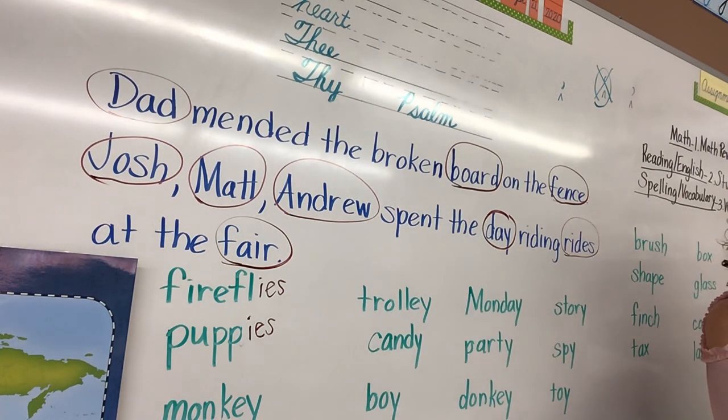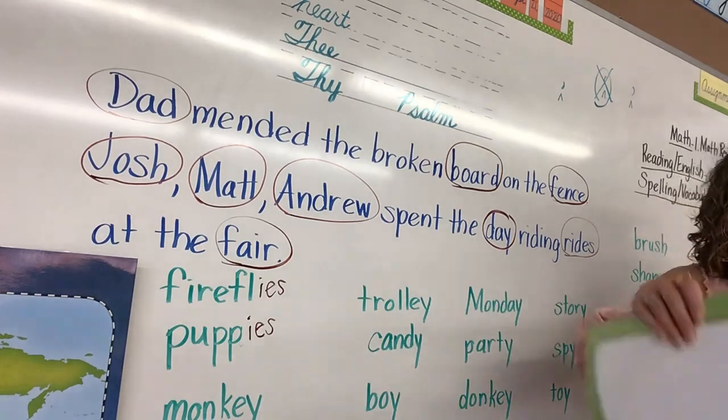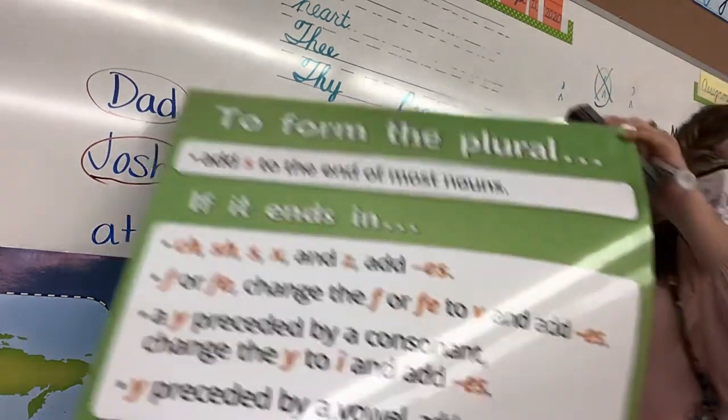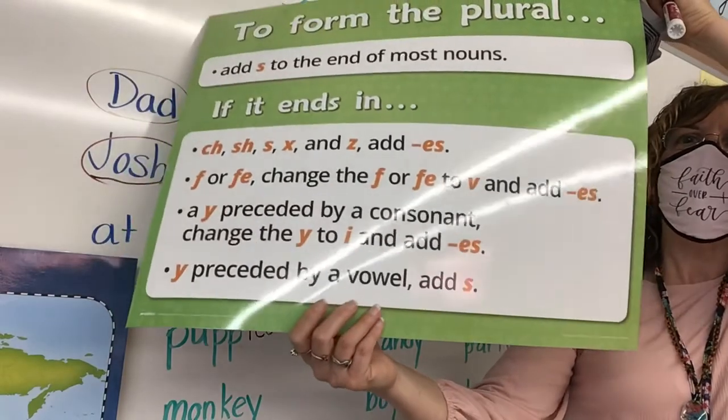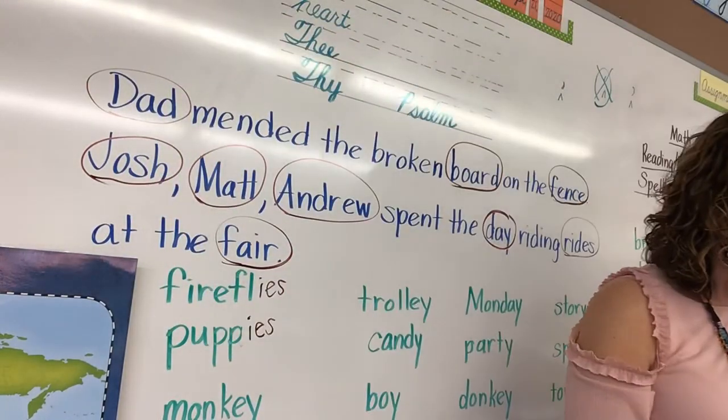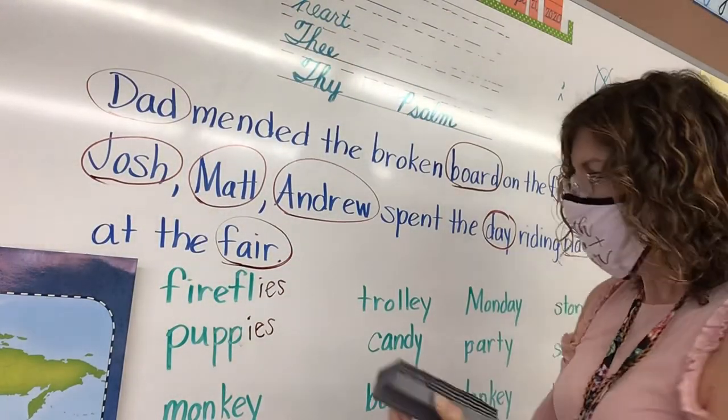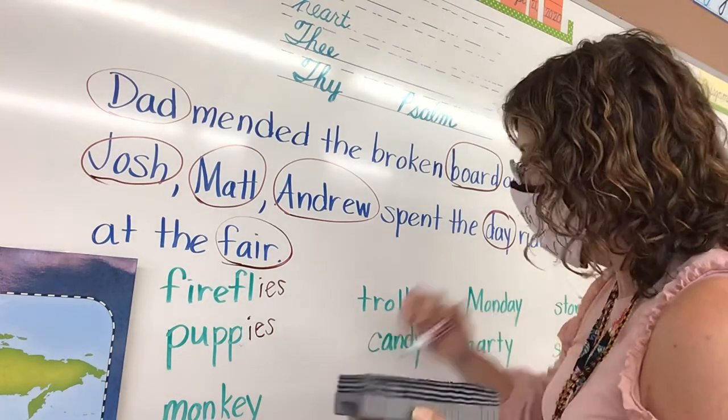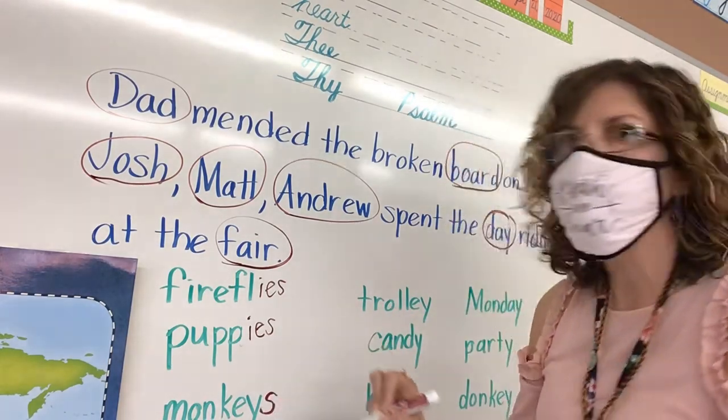Just add S. And I laid it down upside down and confused myself. So if it's a vowel in front of the Y, you just add S. All right, so we would just add S.